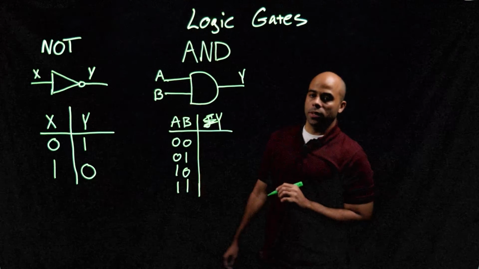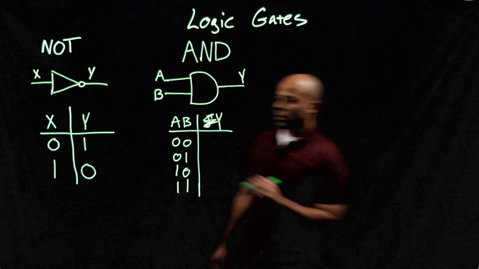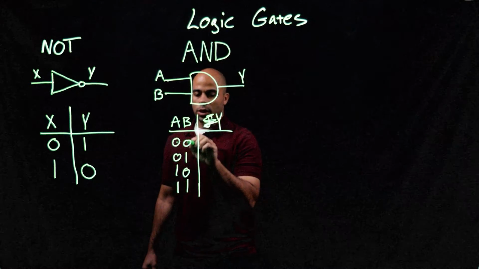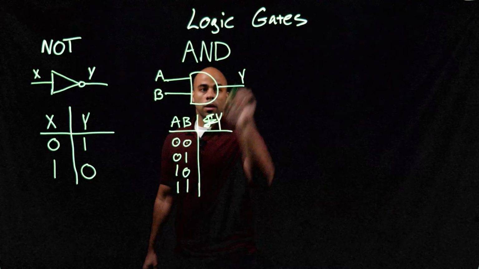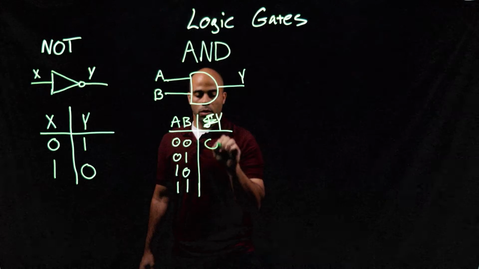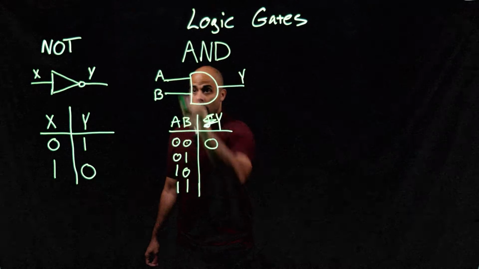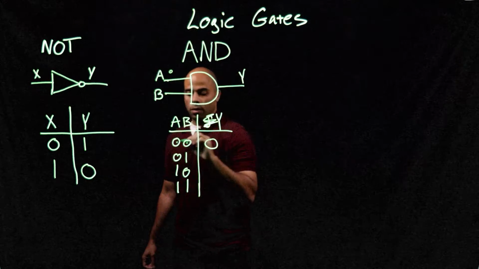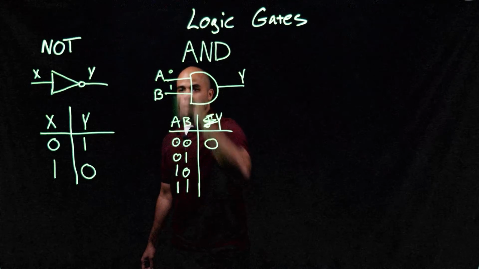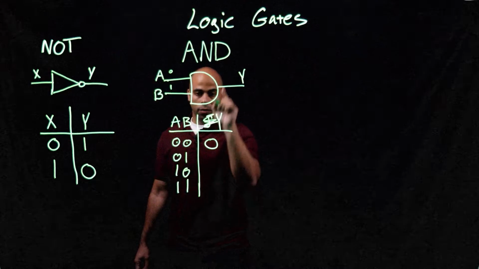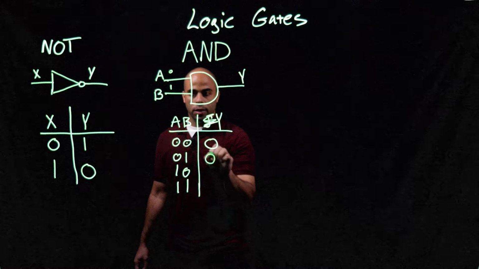So how does the AND gate work? If both inputs are false, 0, 0, or logic low, then the output will also be a 0. If the A input is a 0 and the B input is a 1, then again for the AND gate, the output will be a 0.